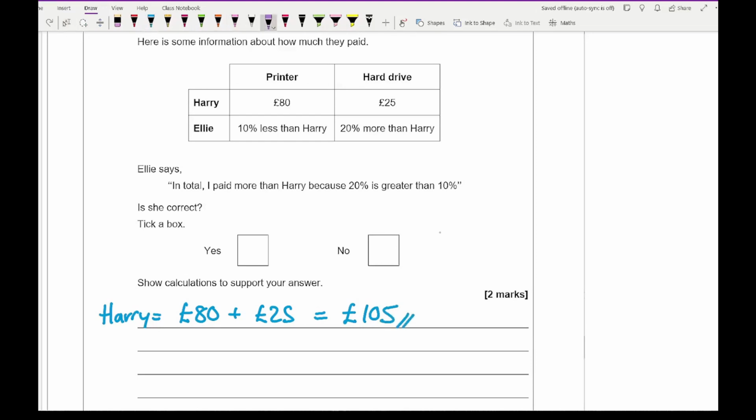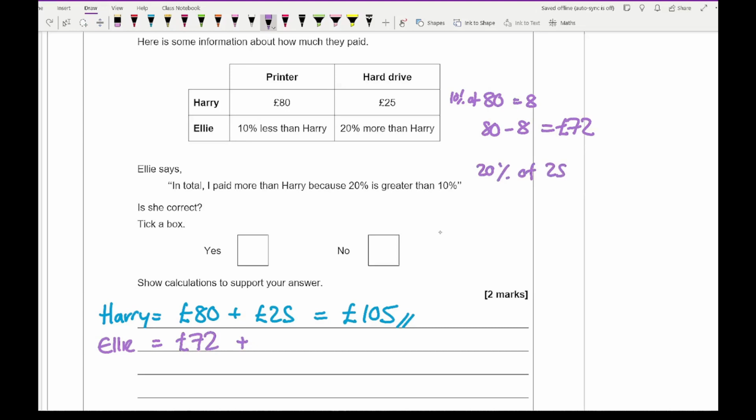Now, in terms of Ellie, well, she paid 10% less than Harry on the printer, so 80, and we can then work out 10% of 80. So 10% of 80 equals 8. So 80 minus 8 equals £72 for the printer, plus 20% of 25.